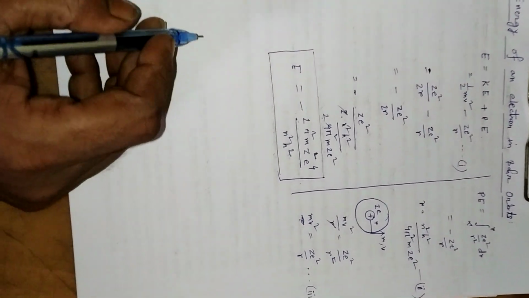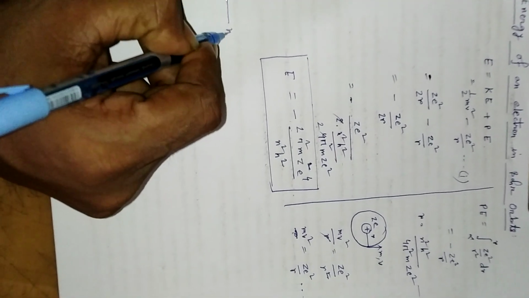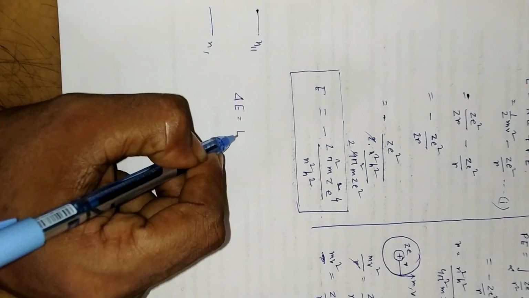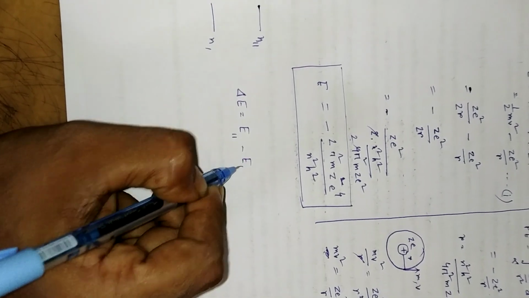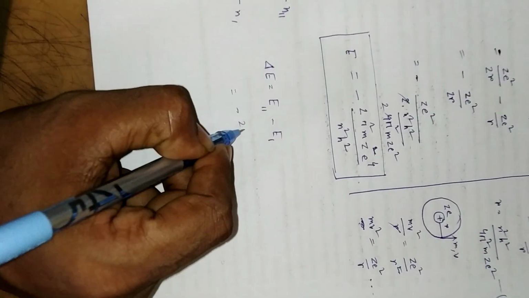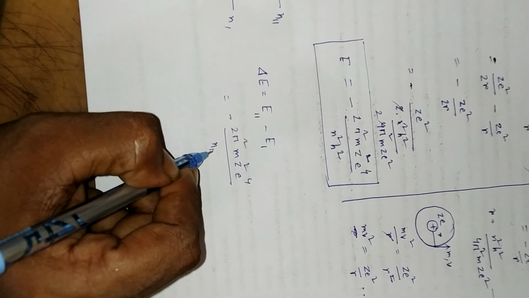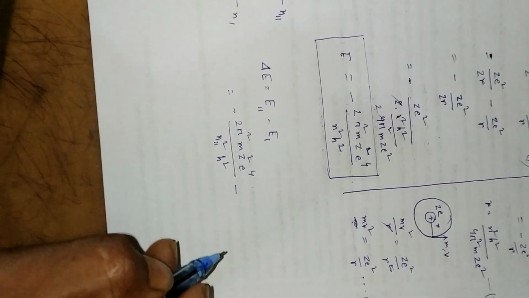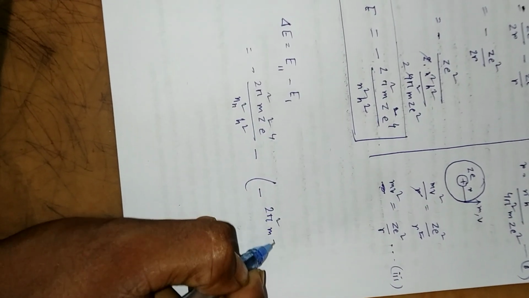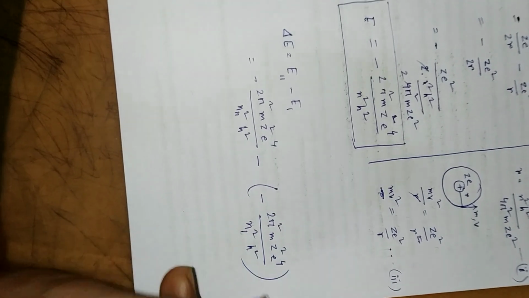Now if we calculate the difference in energy between two states, suppose n1 and n2, the difference in energy will be delta E, equal to E2 minus E1. So it will be equal to minus 2 pi square m z square e to the power 4 by n2 square h square, minus E1, that is minus 2 pi square m z square e to the power 4 by n1 square h square.